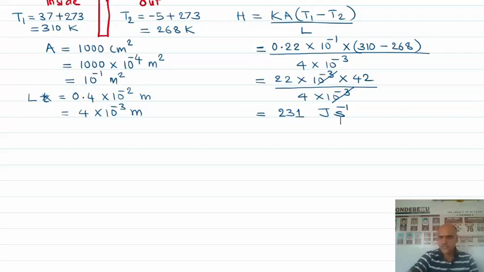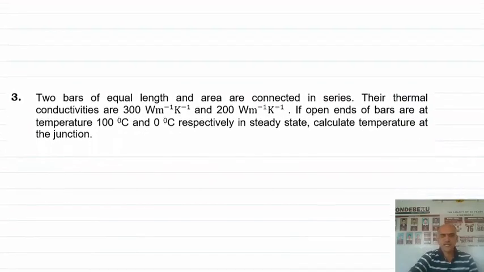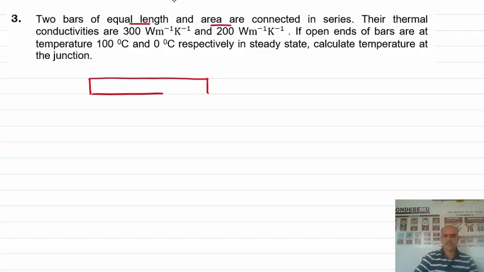So next one, the third one. Two bars of equal length and area are connected in series. Their thermal conductivities are given. So there are two bars, of equal length and equal area, connected in series. I will take two bars, A and B. What has he given?